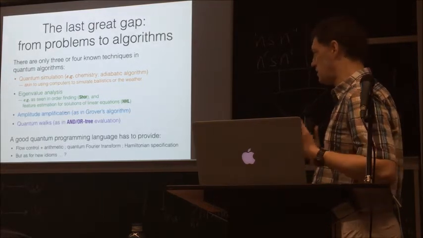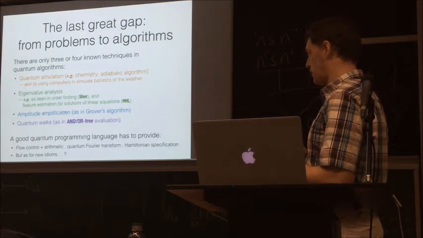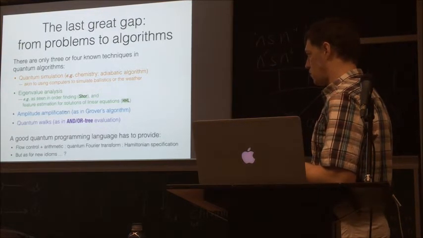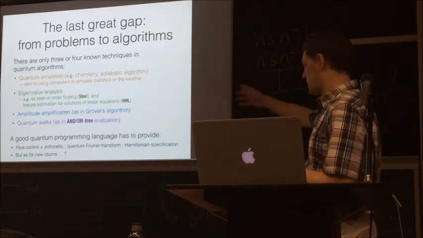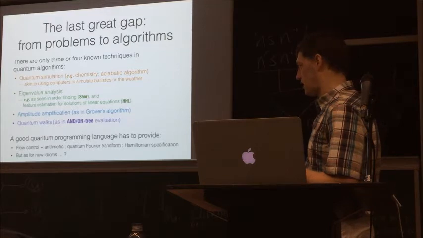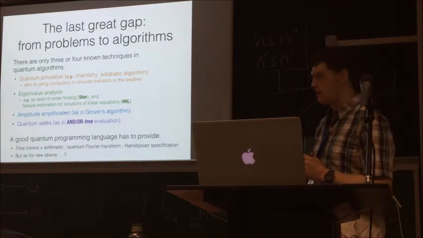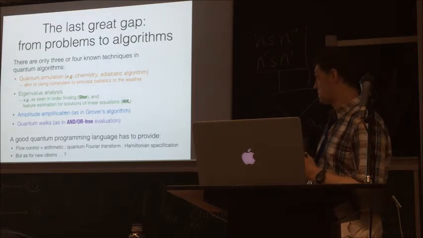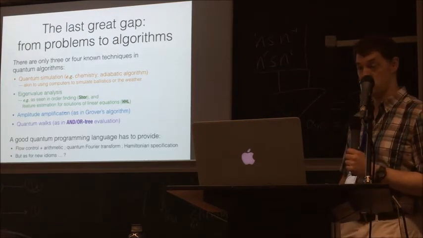And then beyond that, new idioms, basically. It's not a question of what the quantum programming language should provide, it's a question of what it should get out of the way. What techniques are there like this that a programming language should make easy? But you can't solve that with a programming language. And that's basically the rest of that gap from problems to algorithms, finding out the new idioms for coming up with quantum algorithms.